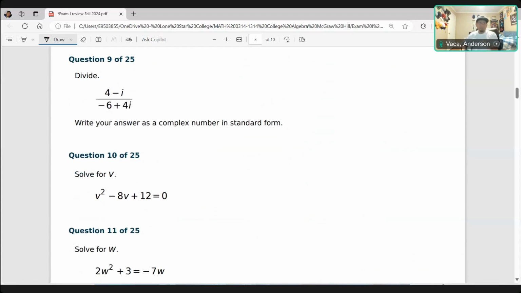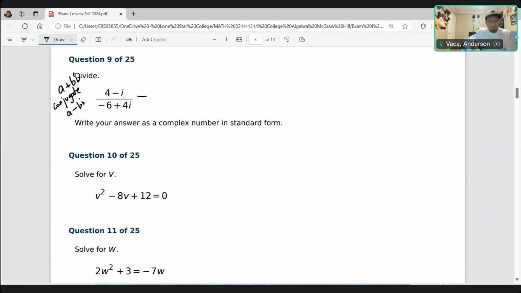Divide. When we're dividing complex numbers, it's going to feel very much like asking you to multiply. Check this out. If we have a complex number a plus bi, its conjugate is a minus bi. Why is that useful?